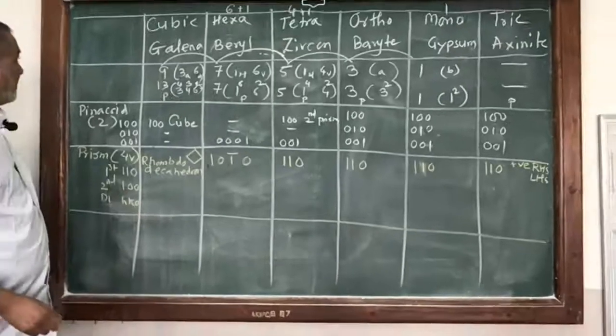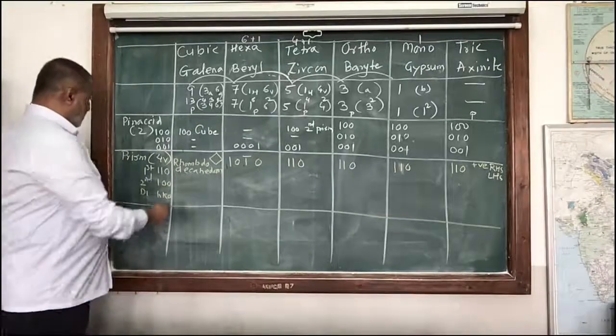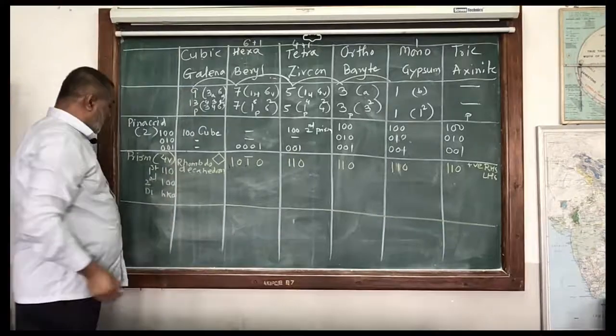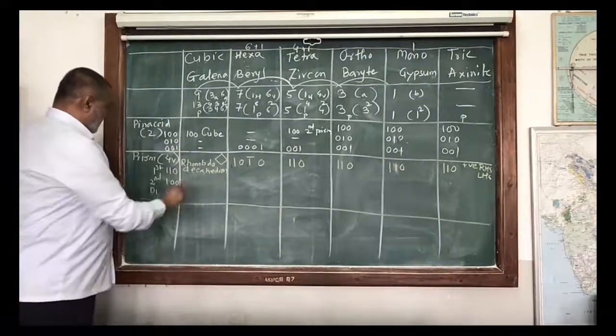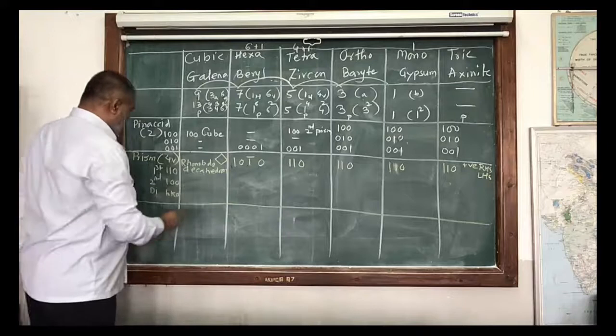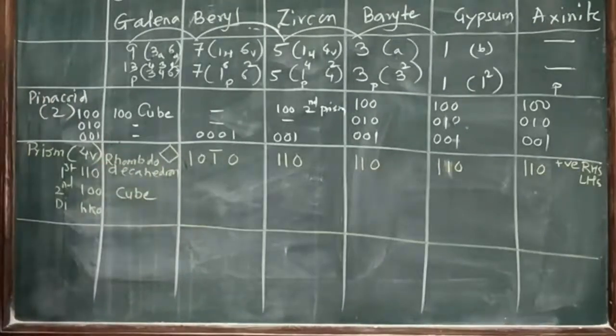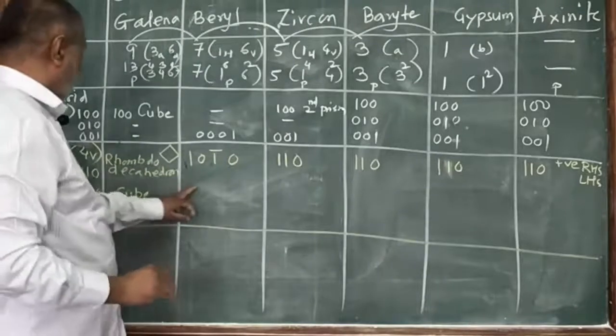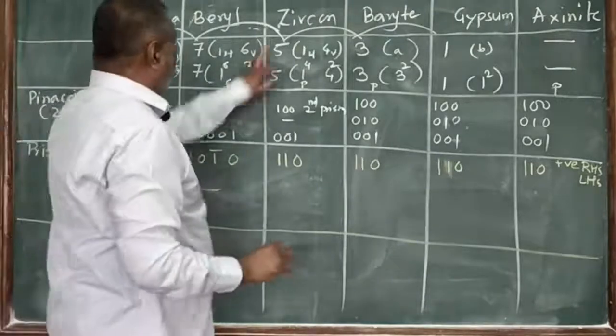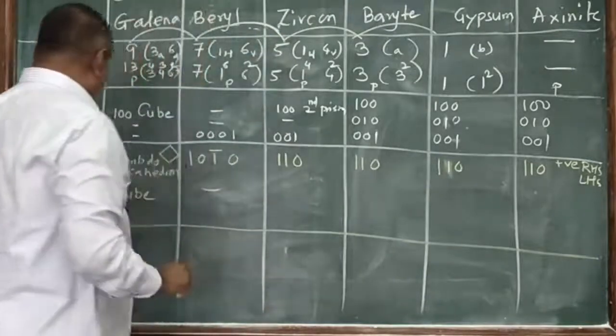Second order 1 0 0, which we have already done in the pinacoid. Yes, so cube is here. This is again your cube. Now see, this one is not here. In the case of tetragonal system, we have second order.